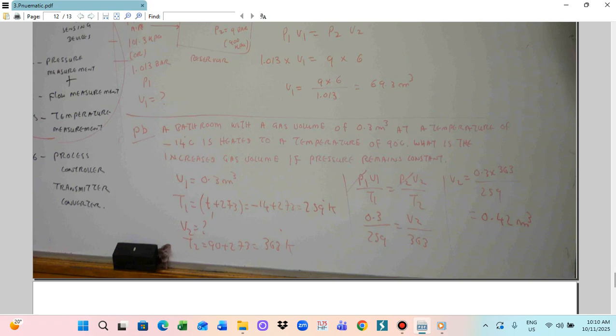A balloon with a gas volume of 0.3 meter cube and a temperature of minus 14 degrees centigrade is heated to a temperature of 90 degrees centigrade. What is the increased gas volume if the pressure remains constant? In this case, the original gas volume V1 is 0.3 meter cube, and T1 is given as minus 14, but you have to use the absolute temperature.